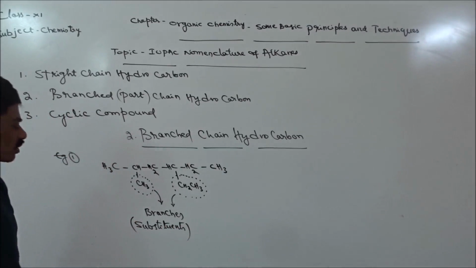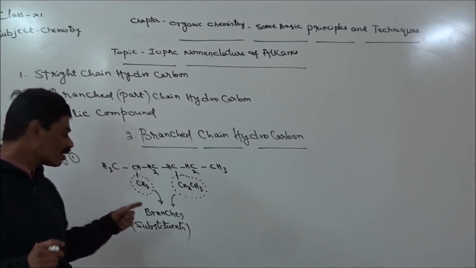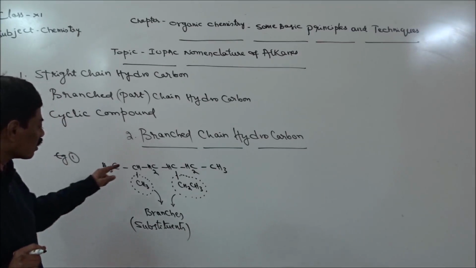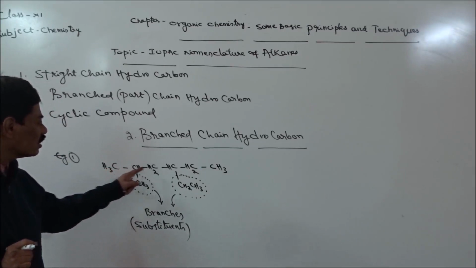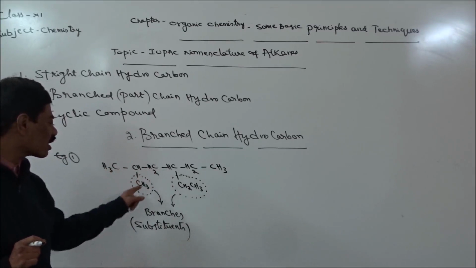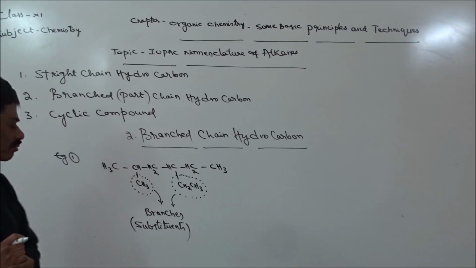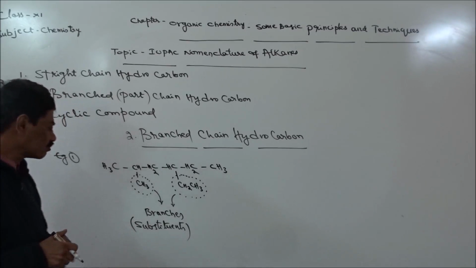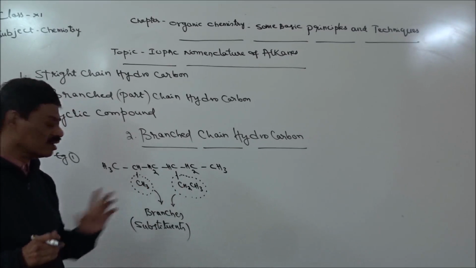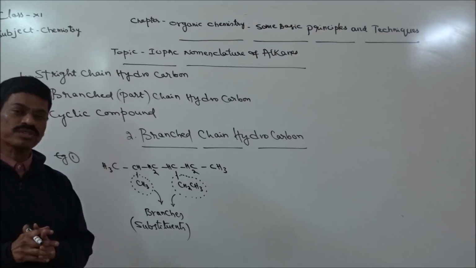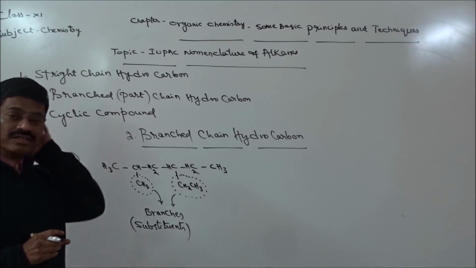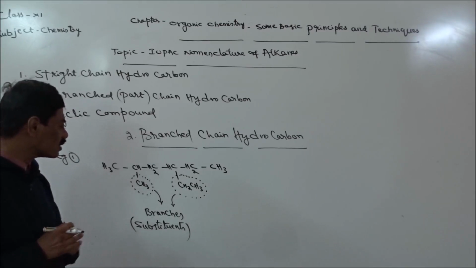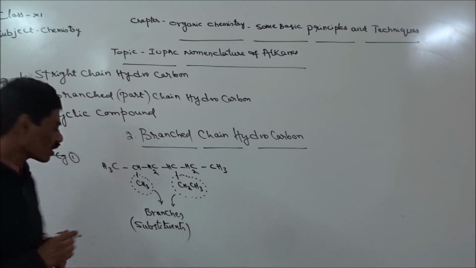Why are they called substituents? From these carbon atoms to which these alkyl groups are connected, hydrogen atoms are substituted by methyl and ethyl groups. That's why they are said to be substituents. And here these substituents are nothing but the branches.